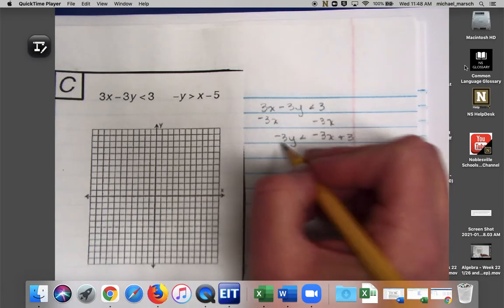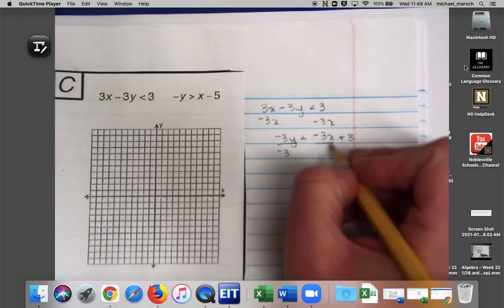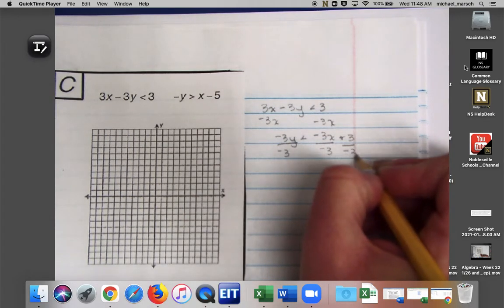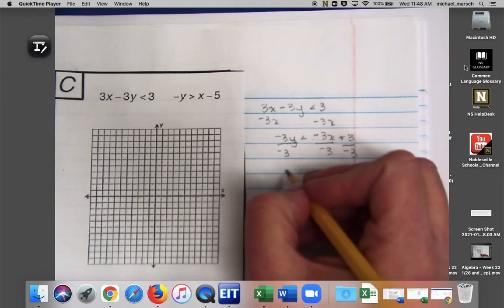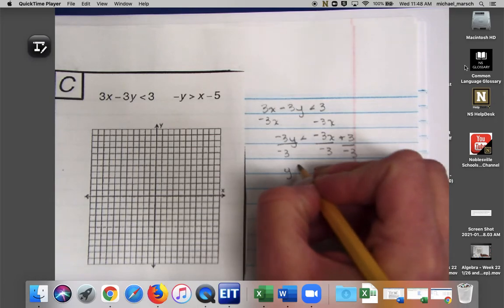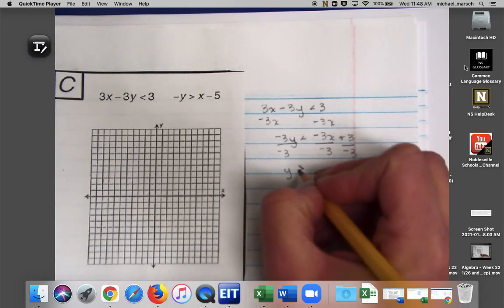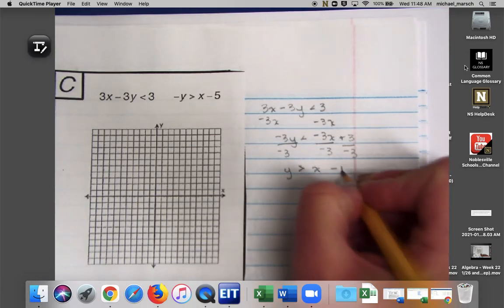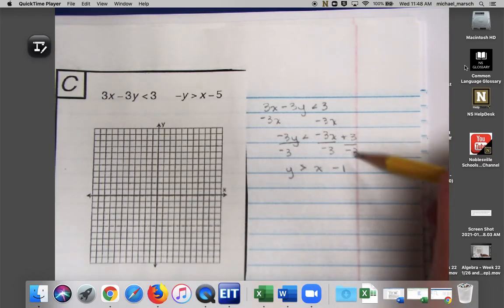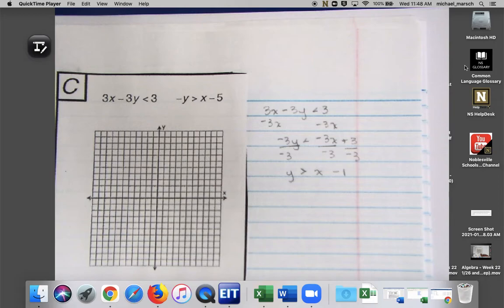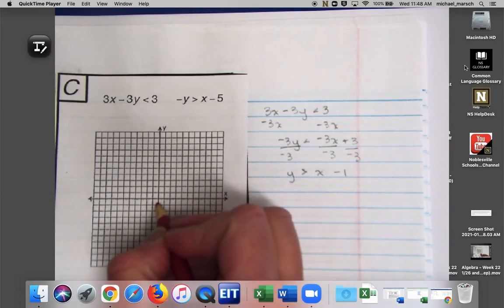And then I have to divide by negative 3. What happens when you divide by a negative for an inequality? So now I have y is greater than x minus 1. Because a negative divided by a negative is a positive, right? So we can go ahead and graph that one. So I've got negative 1.